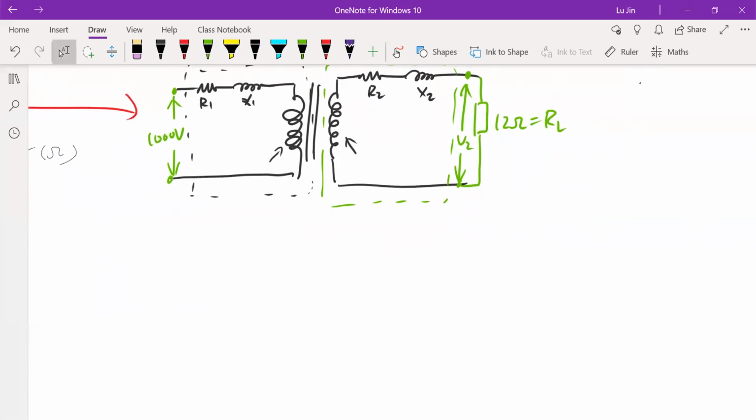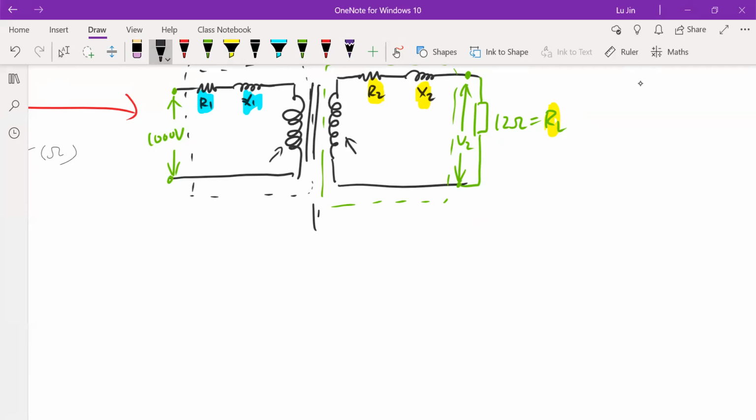Actually, I'd like to move all the components of the secondary side to the primary side. So what we are going to draw is, using the blue highlighter, R1, X1 will remain unchanged, and using the yellow highlighter, R2, X2, and our load RL will be shifted from the secondary side to the primary side.